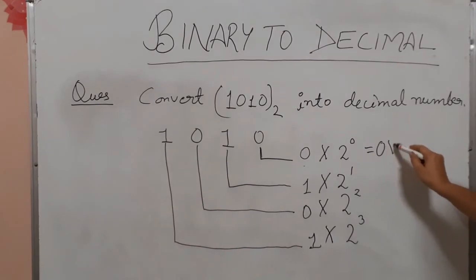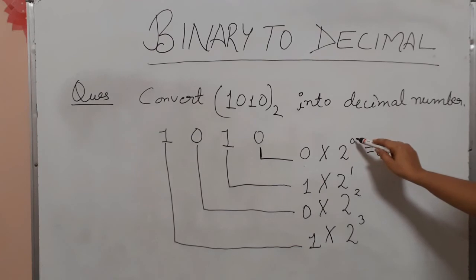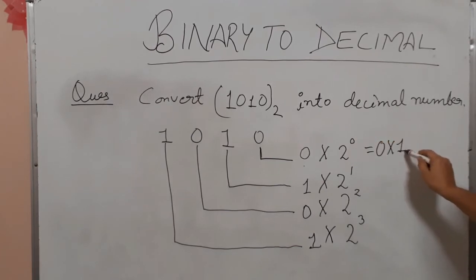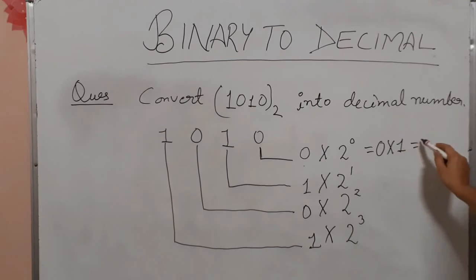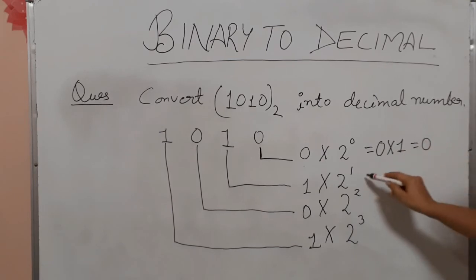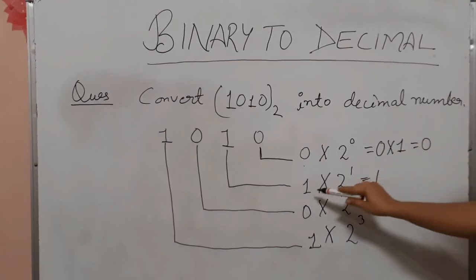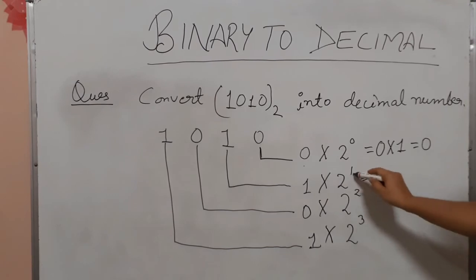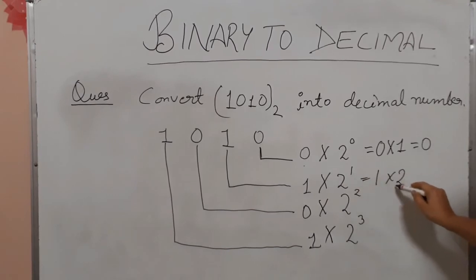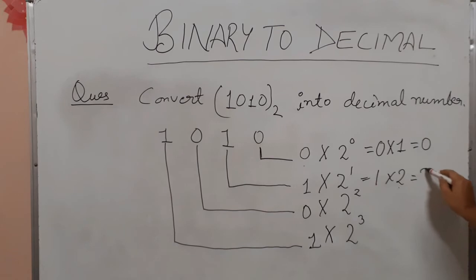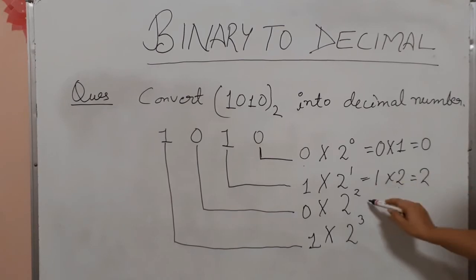0 into 2 to the power 0. We have already learned that its value is 1. So 0 into 1 equals 0. 1 into 2 to the power 1, its value is 2, so we will write here 2. 1 into 2 is 2.